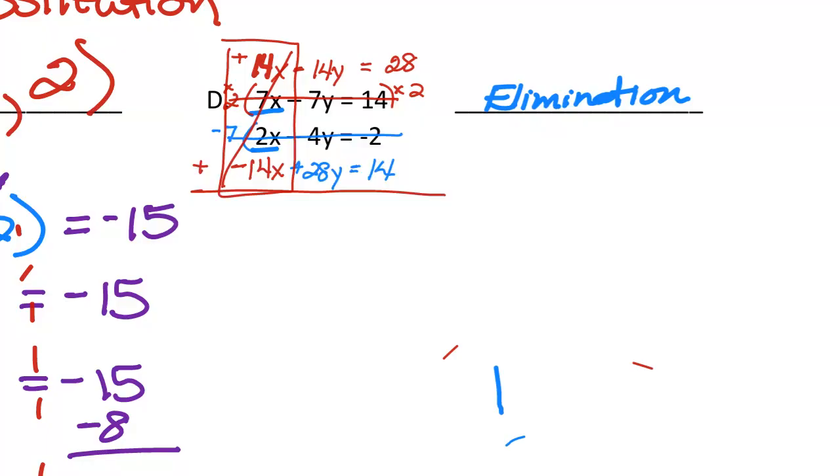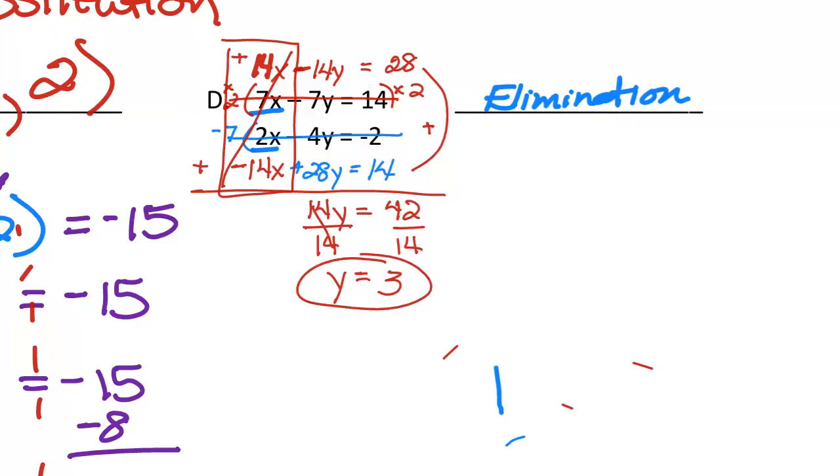I have a negative 14y plus a 28y. So that's going to be 14y equals, and 28 plus 14 is going to be 42. Divide by 14, and y is equal to 3.